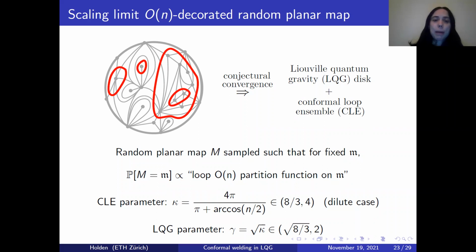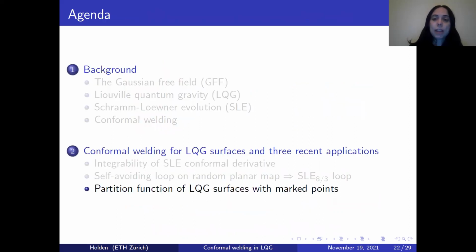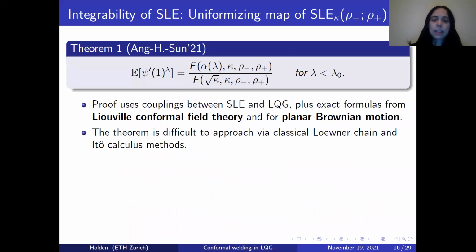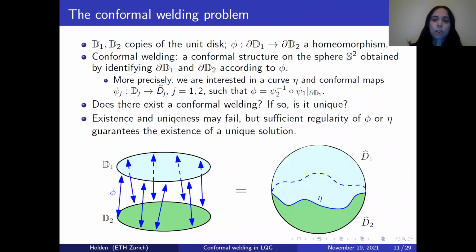What I mentioned very briefly earlier is that this planar map in the scaling limit is conjectured to converge to a Liouville quantum gravity disk. What is also believed to hold is that if we look at the scaling limits of these loops, then this is given by this collection of random SLE type curves known as a conformal loop ensemble, or CLE. So this was the variant of SLE that I was briefly introducing on this slide.